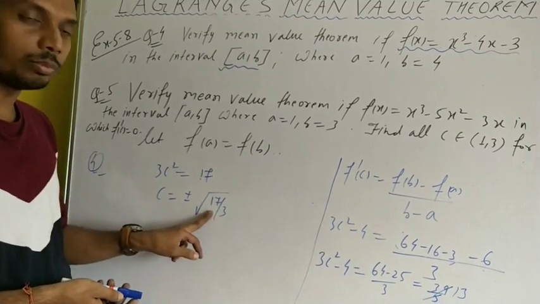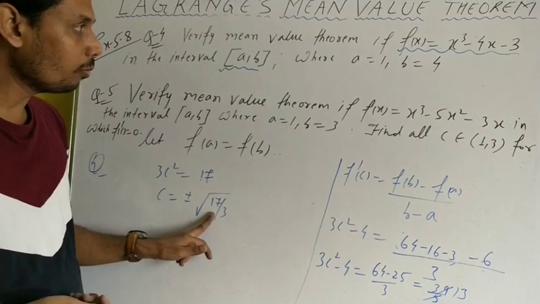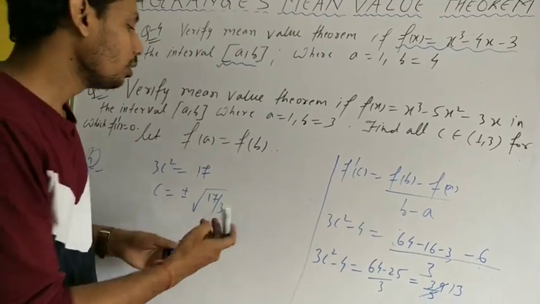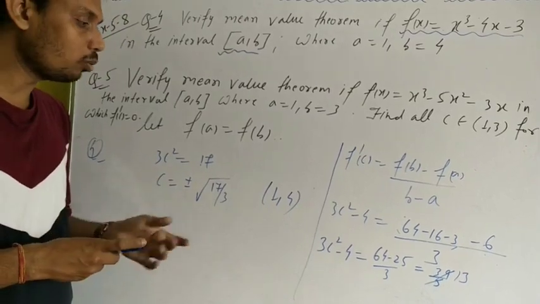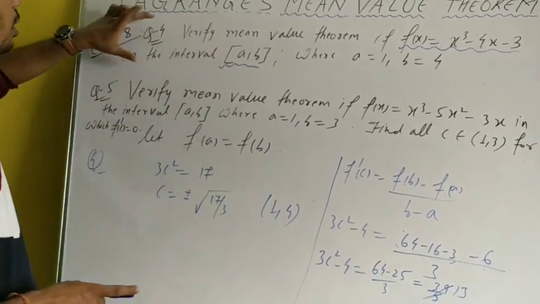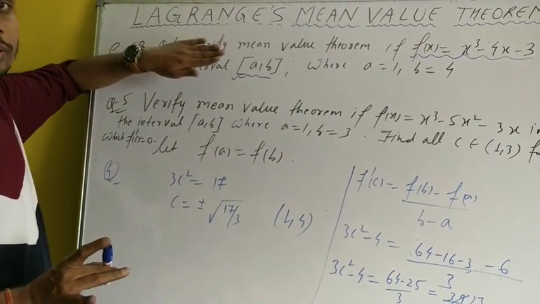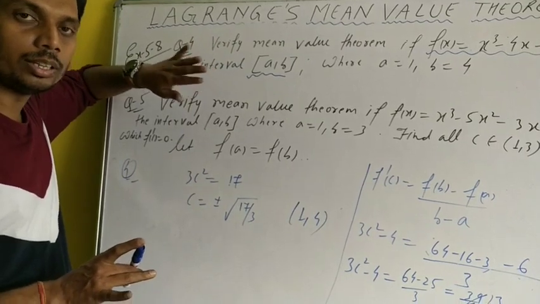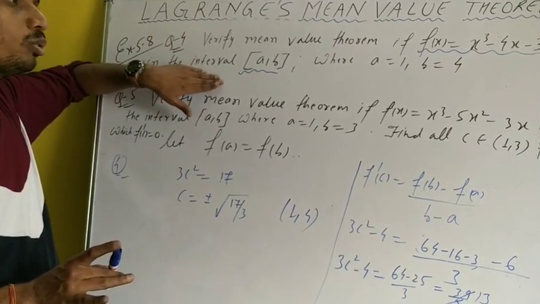So we get plus 2 point something and minus 2 point something. The interval was 1 comma 4, so plus 2 point something lies within the interval 1 comma 4. Hence in question number 4 we have verified that the given function satisfies Lagrange's mean value theorem. So this is all about question 4.